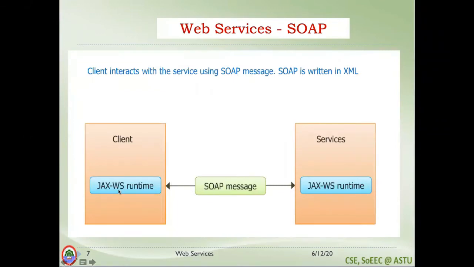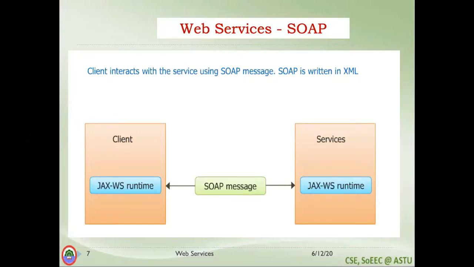And there are some APIs, which we call JAX-WS. JAX-WS is nothing but the Java API for XML web services. The WS represents web services, particularly for SOAP-based web services.